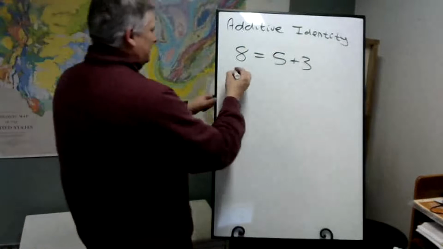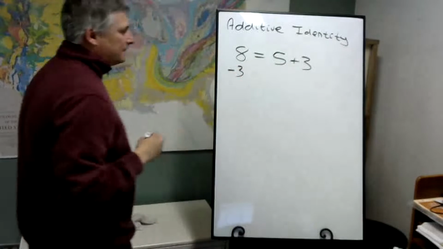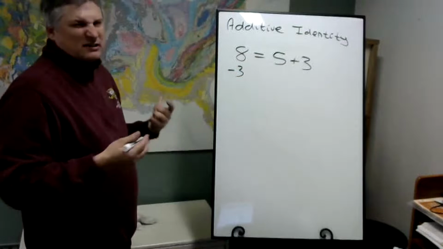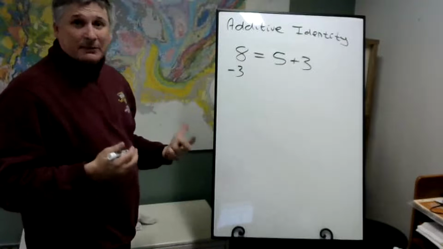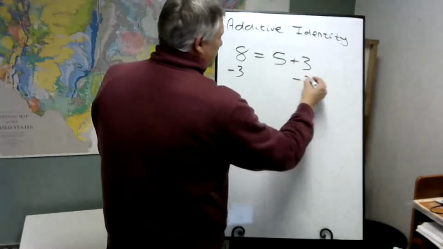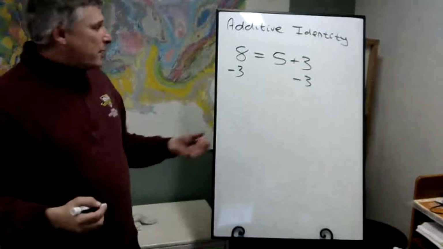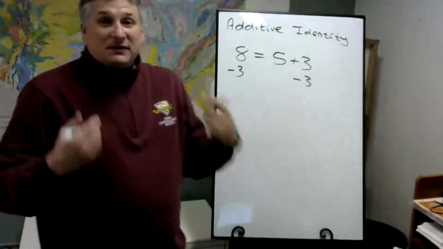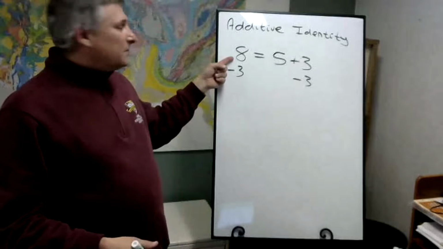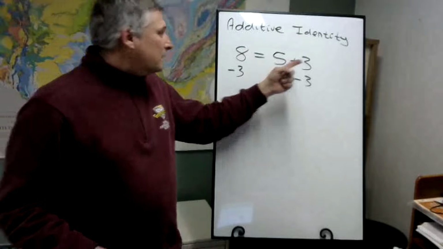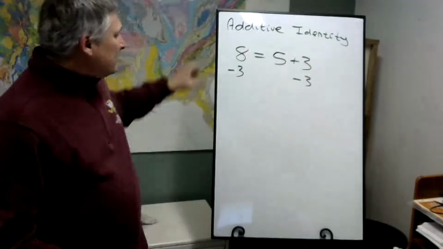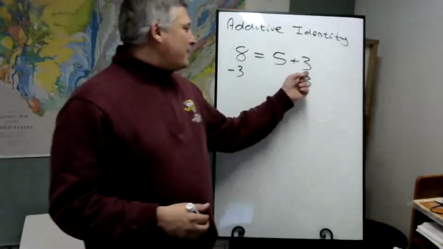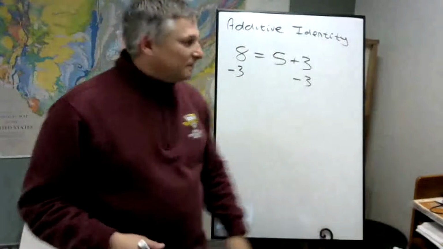But we could subtract 3 pounds from this side. Maybe we chip off a little of this weight and reduce it to a 5-pound weight, which would be kind of difficult, but let's say we got the time to do it. And then we just remove this 3-pound weight. Either way, we're removing 3 pounds from either side. Maybe it's easier to think of these as sacks of sand. 8-pound sack of sand, 5-pound sack of sand, 3-pound sack of sand. Remove 3 pounds from this big sack of sand, and then the 3-pound sack, we just remove it.